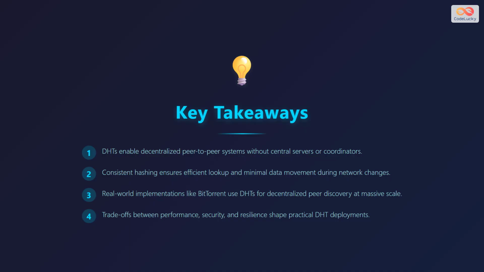Third, real-world implementations like BitTorrent use DHTs for decentralized peer discovery at massive scale, enabling millions of users to share files globally. Fourth, practical DHT deployments require careful trade-offs between performance, security, and resilience. Understanding these trade-offs is crucial for building robust distributed systems. DHTs are a foundational technology that powers much of the decentralized internet today.